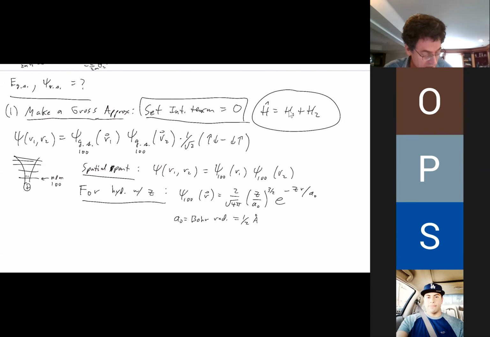Teeny tiny little thing. And Z is equal to the charge of the nucleus.